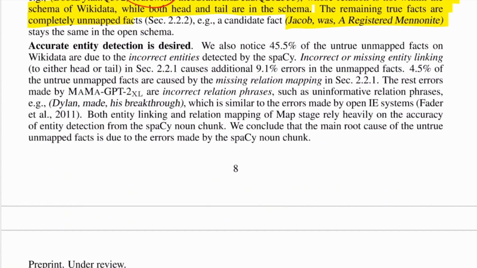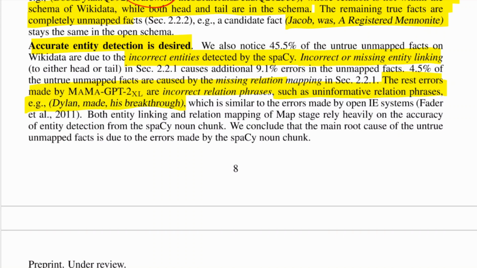And they also say accurate entity detection is desired, where they say a lot of the errors are due to spaCy detecting incorrect entities, or due to incorrect or missing entity linking by those systems. The rest of the errors made by MAMA are incorrect relation phrases, such as uninformative relation phrases. For example, Bob Dylan made and his breakthrough.